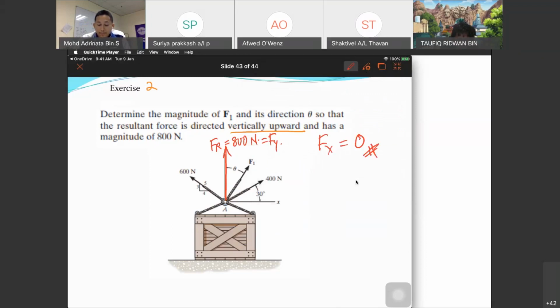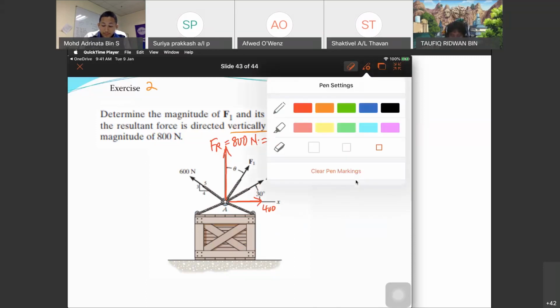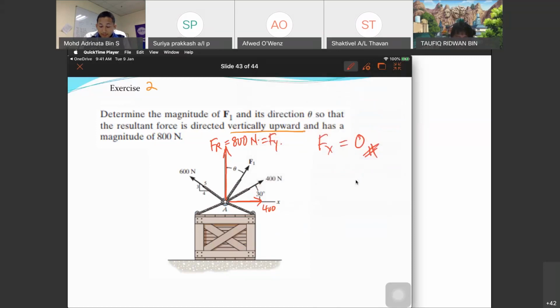Okay, so you have to get your answer for this one. 400 sine, cosine 30, and then you have our F1 again.